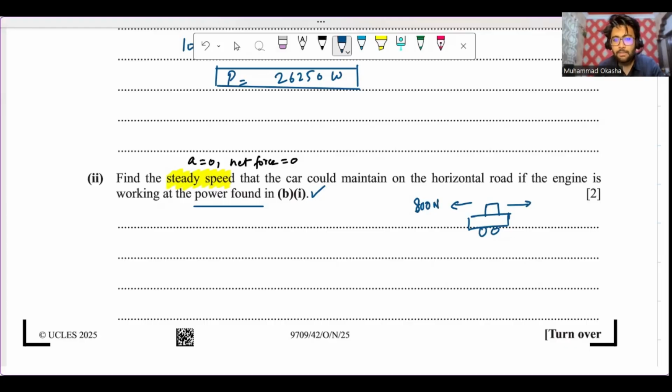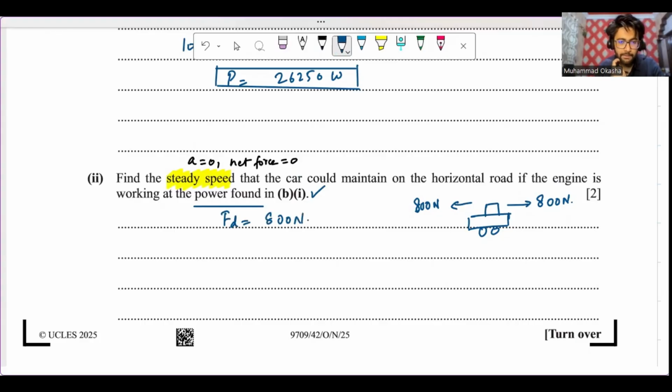So to maintain a steady speed, the forward driving force should also be 800 newtons. Net force is zero, so the backward force must be the same as the forward force. The driving force FD is equal to 800 newtons.